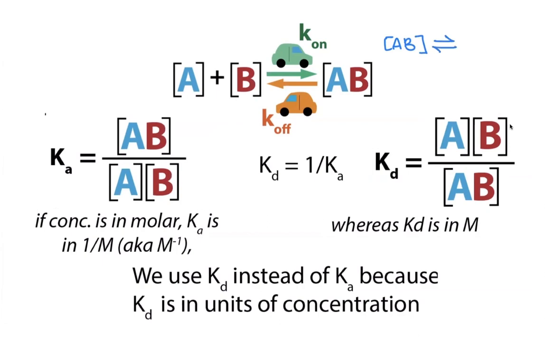Well, now we have something that looks more like this. And so now we can write that equilibrium constant just like we did before, but here we're going to have our binding partners, the unbound versions on the top and the bound version on the bottom. And so this is how we get to the KD, and this is going to be the equilibrium constant for unbinding.